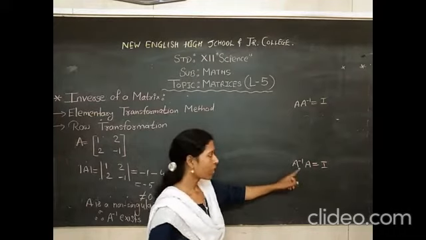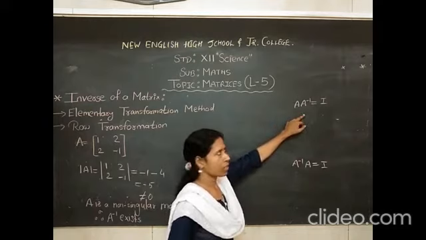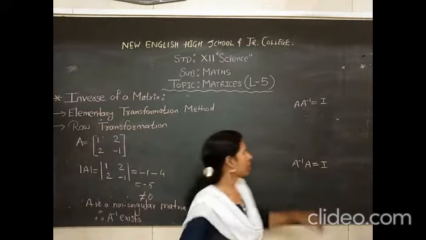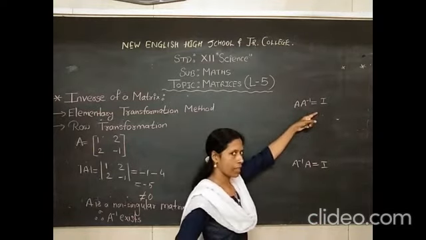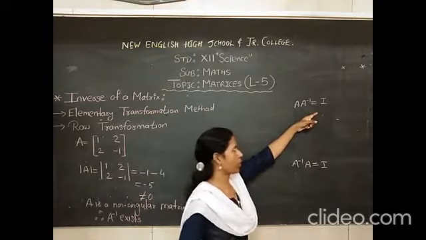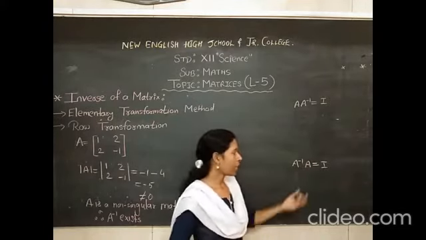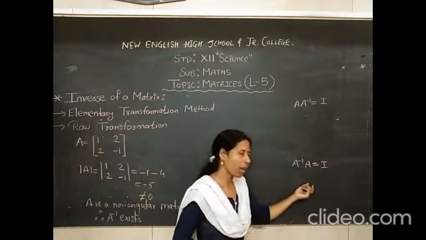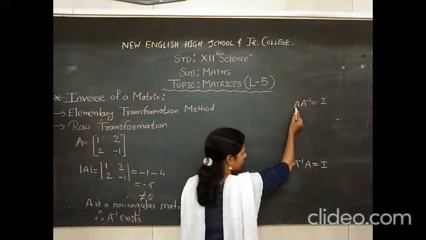Now children, when we write in this format A into A inverse equals I, we are using the row transformation method. And while using the column transformation method, we will write A inverse into A equals I. Now, what will we do in this process?